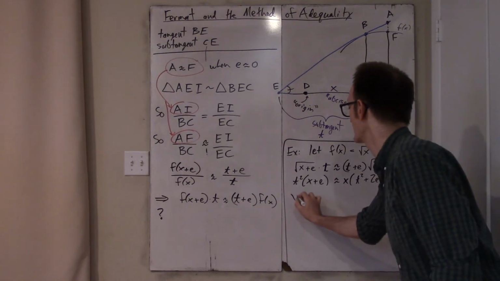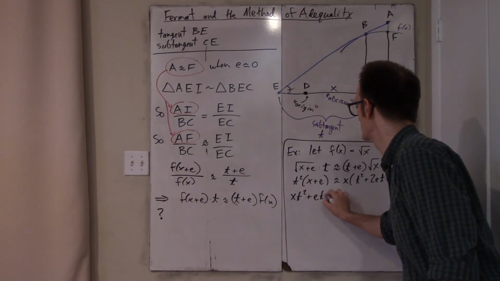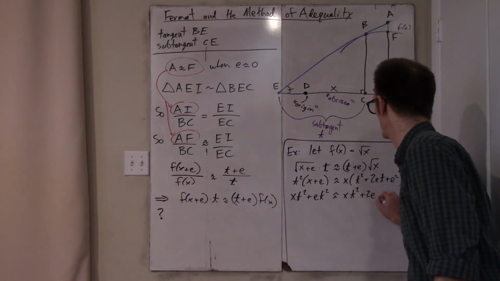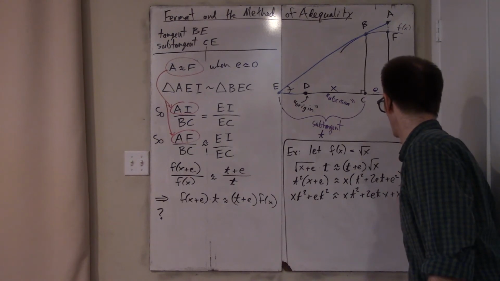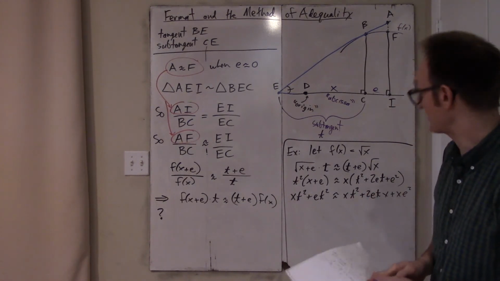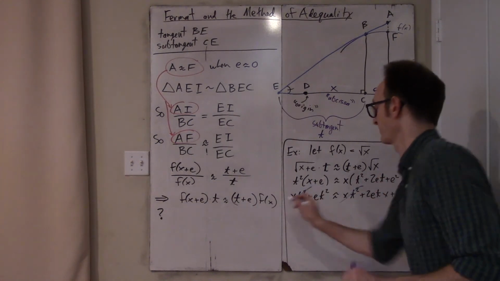Okay, so I get xt squared plus et squared is approximately equal to xt squared plus 2etx plus xe squared. I'm kind of losing track of what's going on myself, but I get some nice cancellation, so that's nice, because these just die.